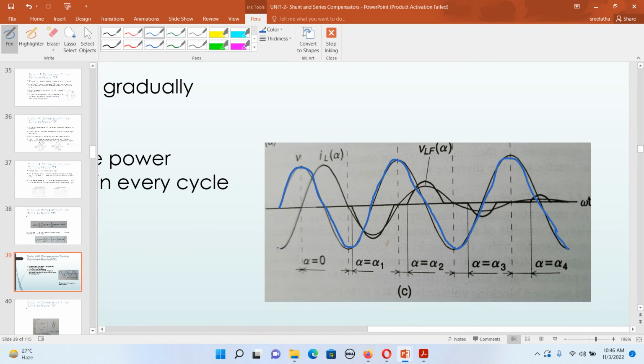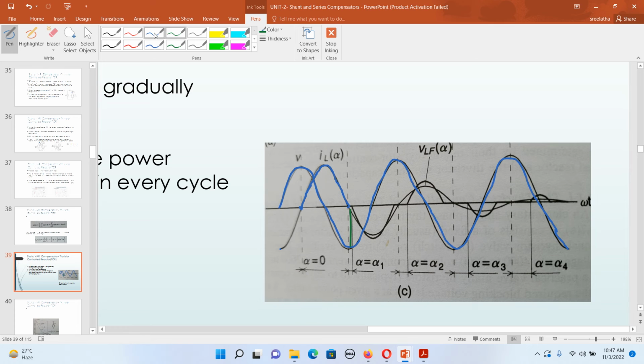So this is the first cycle. In the first cycle, alpha is 0. So here it starts. Alpha is 0, means no firing angle is given, so it directly turns on as it reaches the peak. So the first half cycle is done. Now when it is going for the negative half cycle, again it came here, right? The peak of the voltage in the negative half cycle has come.